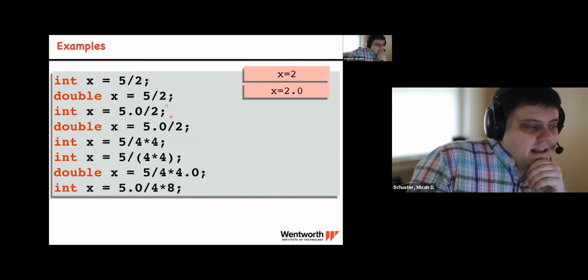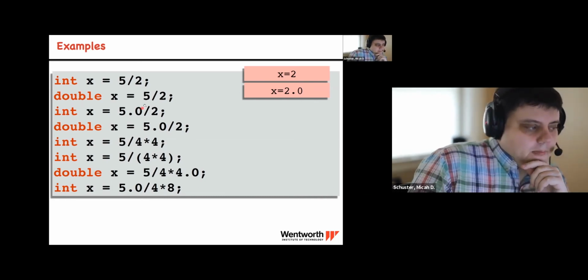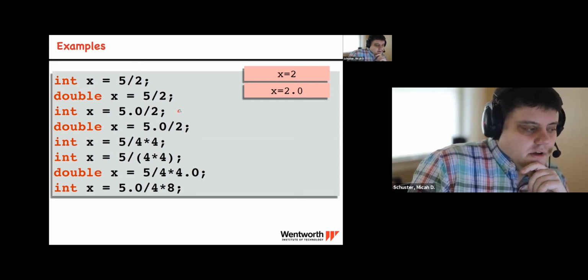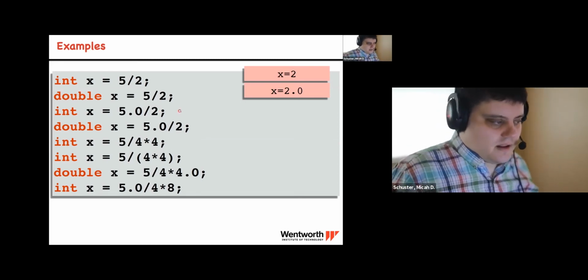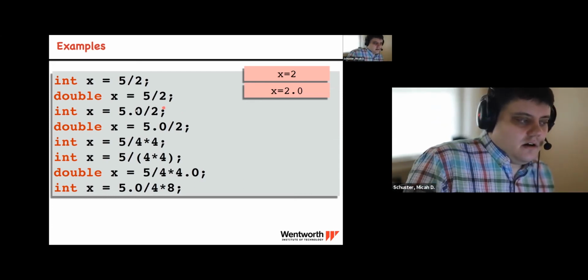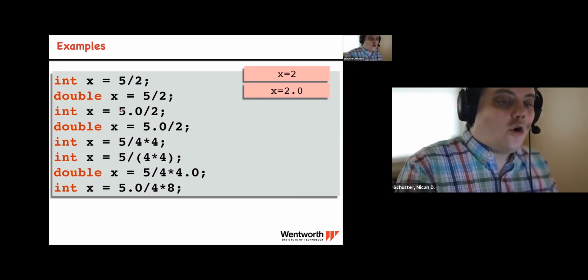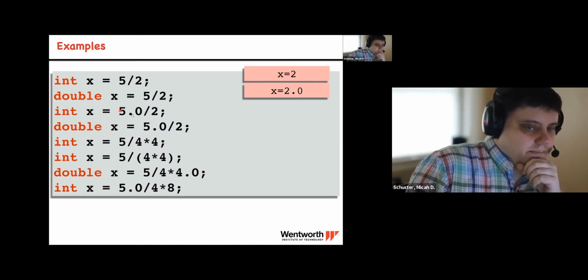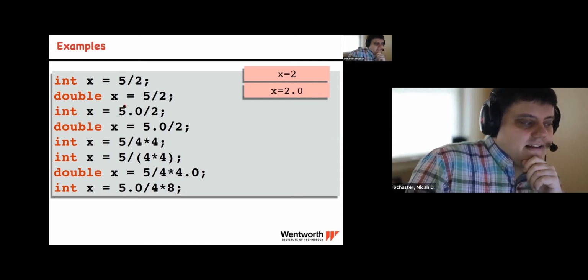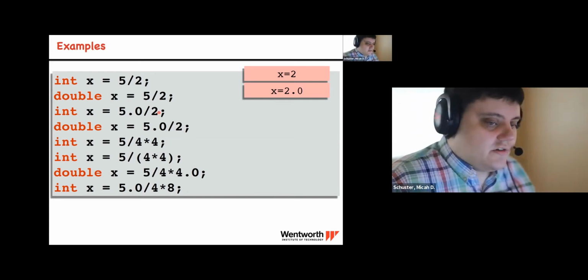The next one is a little bit tricky. 5.0 divided by 2. So I just mentioned that if at least one of the two values in the division is a double, then the whole thing becomes a double. So if I take 5.0 divided by 2, it's no longer an integer division.